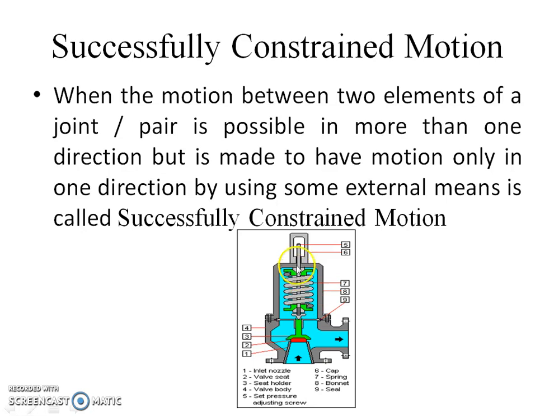So we are restricting the motion of this valve by use of this spring force, and thus we are using some external means to constrain the motion, which was earlier not constrained. So when we constrain motions by using some external means, we call such motions successfully constrained motion.